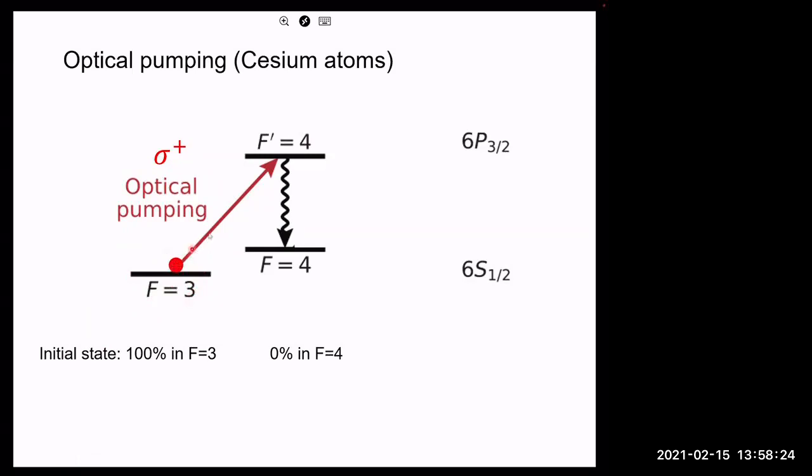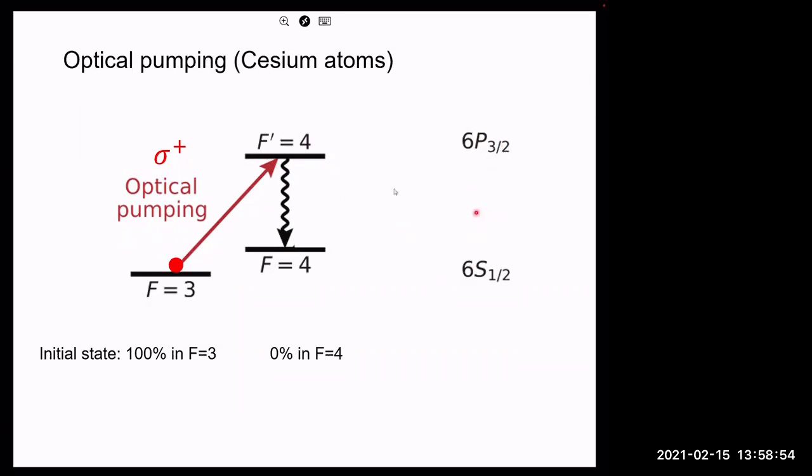Then we turn on the light and go to the excited state, with a different quantum number, 4. This is simply a transition between two levels. There's no nonlinearity. The ground state label is 6s and the excited state is 6p. If you're not in atomic physics, you don't need to worry about this jargon.